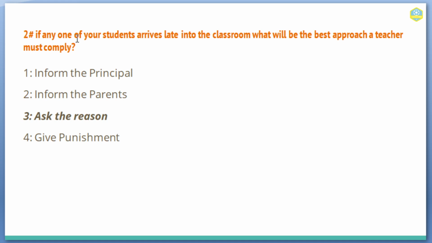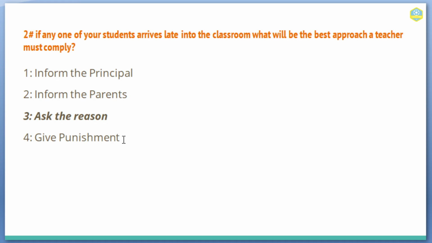Another one: if any one of your students arrives late into the classroom, what will be the best approach a teacher must comply? Inform the principal, inform the parents, ask the reason, or give the punishment. So there are many practices we do.